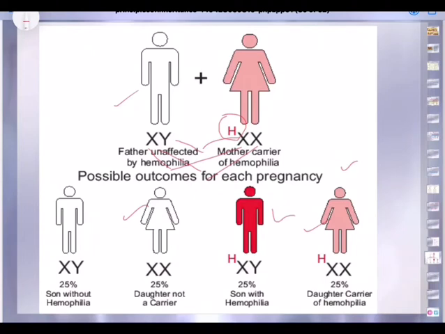And what about this? The X chromosome combines with another X, XX, a normal daughter. And the Y chromosome combines with XH. Look at this. The male suffers. The male becomes hemophilic. And the Y chromosome with the X chromosome, XY, is normal.